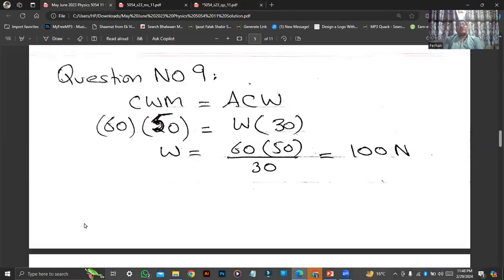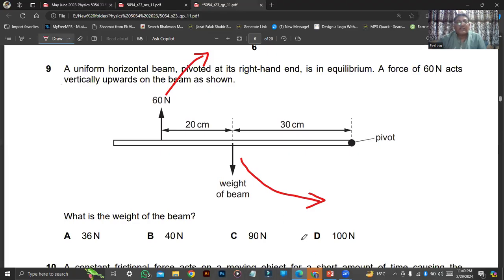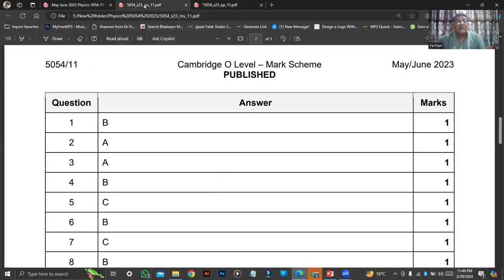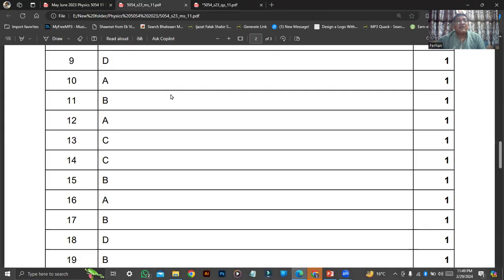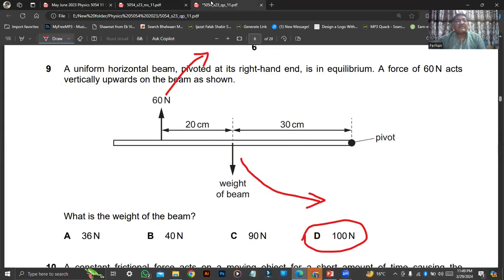So 60 into 50 will be equal to W, which is the weight, into 30 centimeters. So W will be 60 into 50 divided by 30, and that will be 100 Newton. Do we have that? So 100 Newton is the right answer, I think. Question number 9, D is the answer, and our answer is also D.